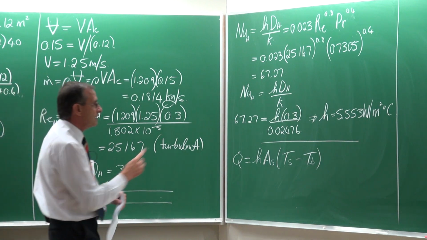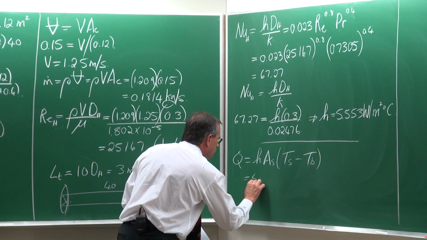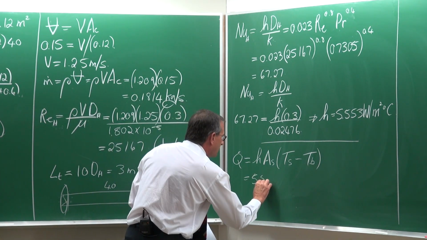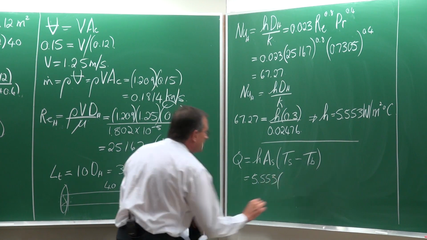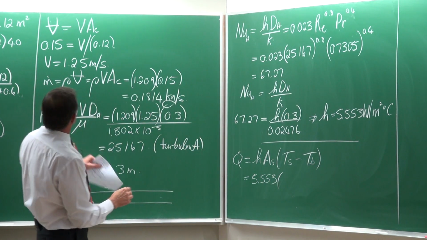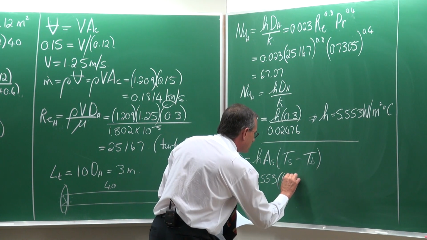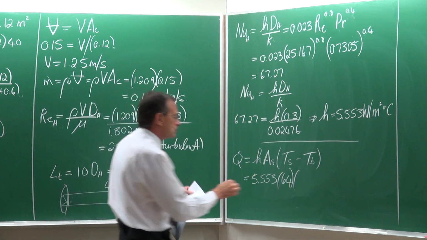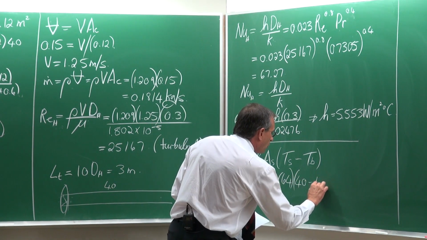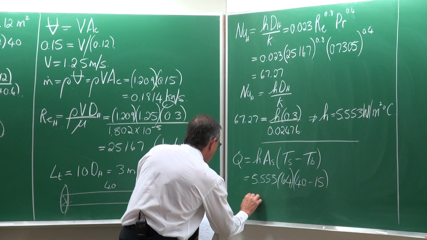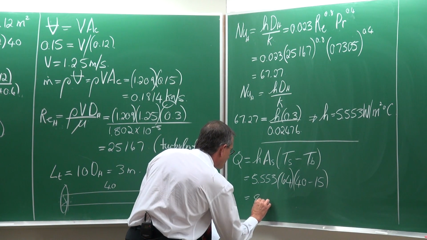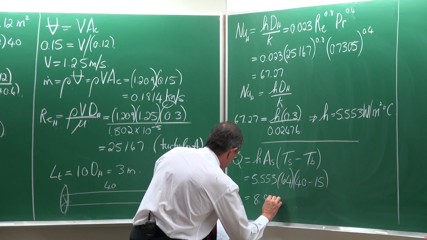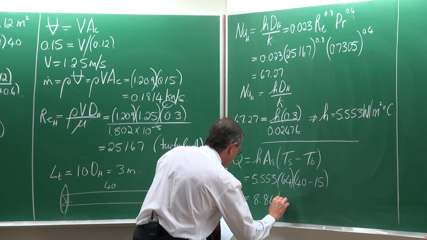The heat transfer coefficient is equal to 5.553 multiplied by the surface area, which is 64, multiplied by the surface temperature, which is 40, minus the bulk temperature of 15, and that gives me the heat transfer rate of 8.86 kilowatts.